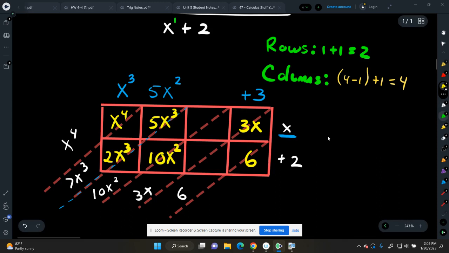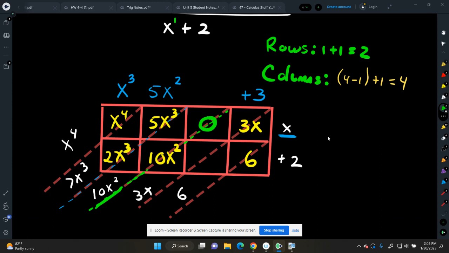Now let's look at that diagonal. What does it have to add up to? 10x to the second. Does it? Yes. So what can I put here? 0, because I already have my 10x to the second.